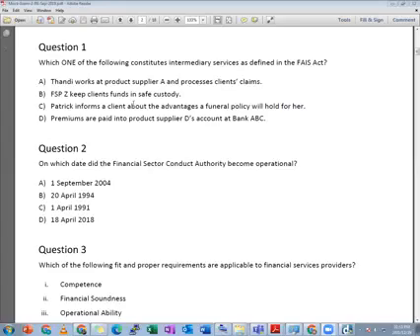I don't know how many questions we're going to do, but this is just to show you how to tackle the questions in the exam. If you're not sure of the answer to question one, mark it with a question mark and go to the next question.